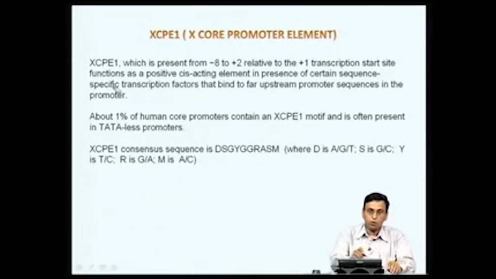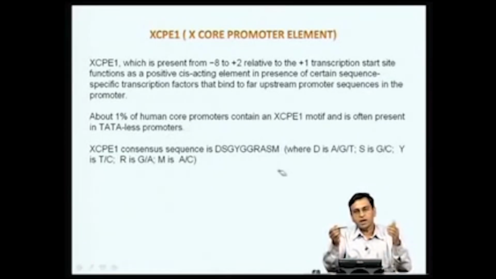And the XCPE1 is one such core promoter element which plays a very important role in certain promoters, because it acts in conjunction with some of the protein factors which bind to many upstream regions of these promoter sequences. Now, about 1% of the human core promoters contain this XCPE1 motif, and this is all present in the Tata-less promoters.